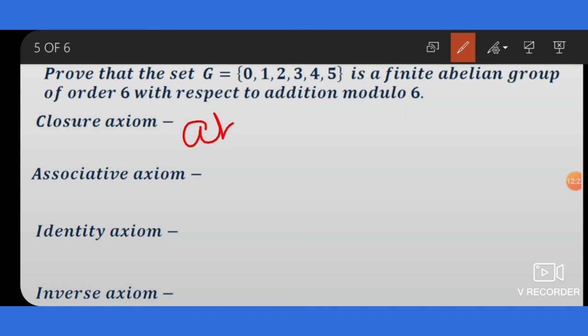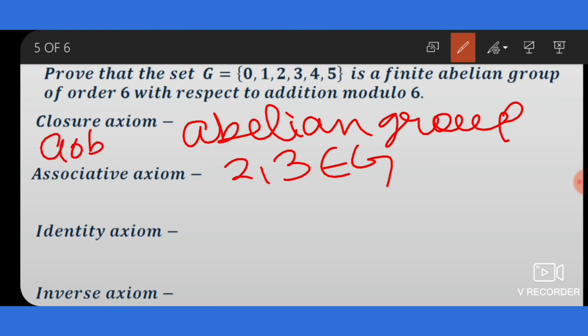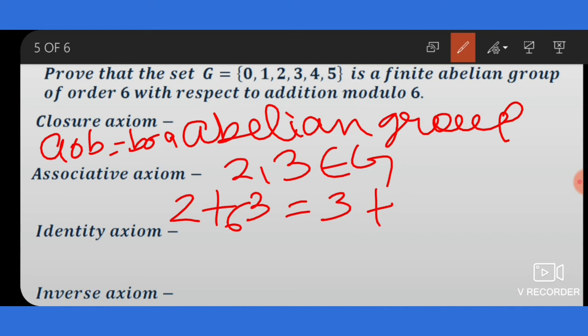Abelian group. Let two elements 2, 3 belong to G. By definition of group, A operation B equals B operation A. Then 2 plus modulo 6 3 equals 3 plus modulo 6 2.